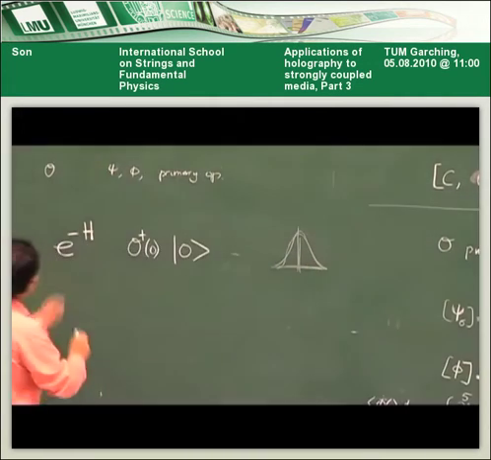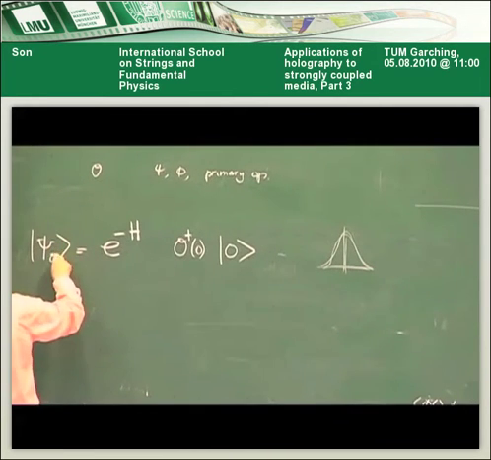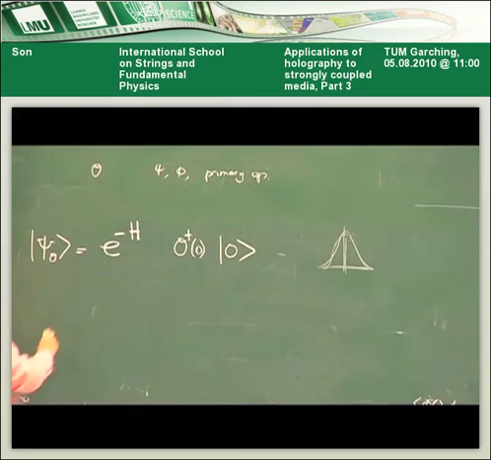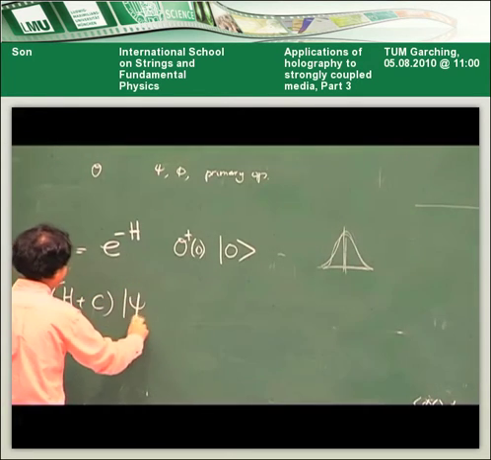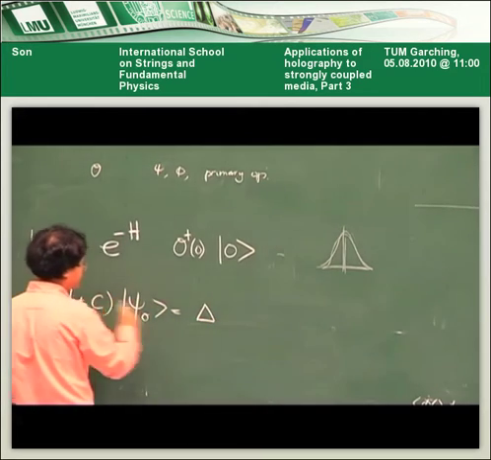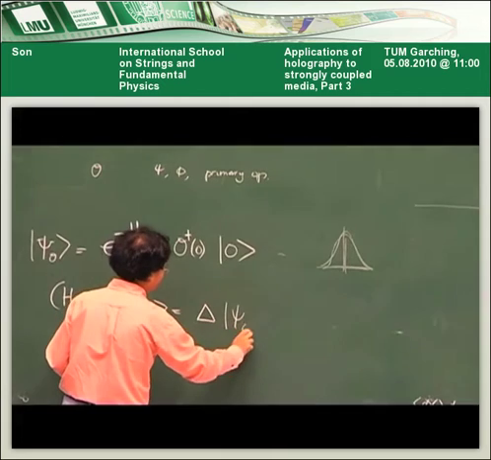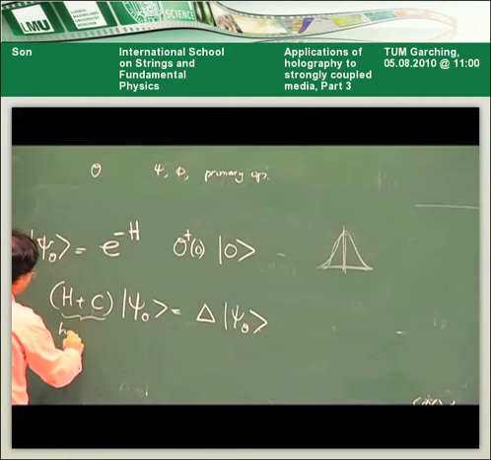And this one we can show, using the commutators of the Schrödinger algebra, to be the eigenstate of the Hamiltonian H plus C. But this is the harmonic potential Hamiltonian.